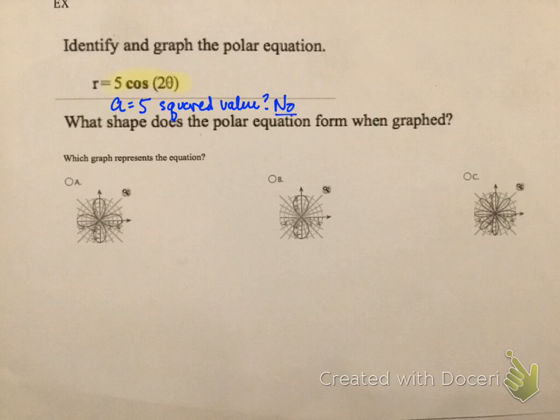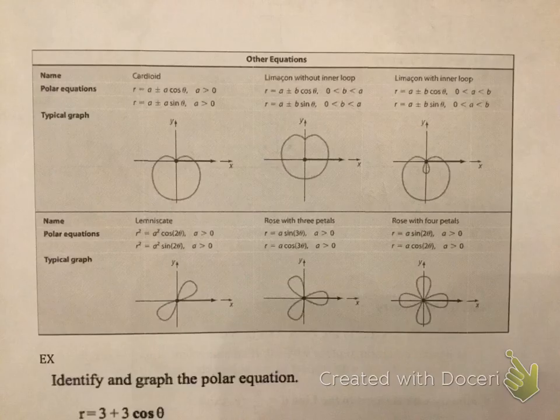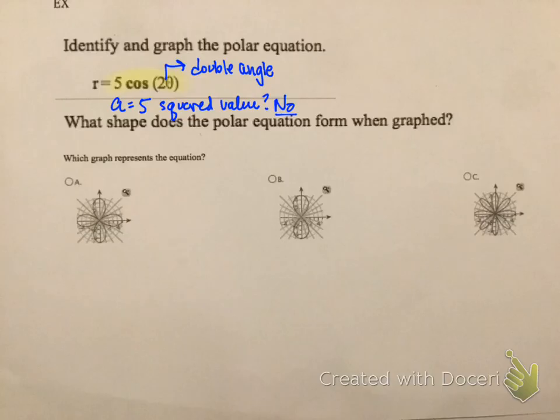So it's not a squared value, and we have a double angle. So if I look at my choices, and let's go back here, I do not have a squared value, and R is not squared, but I have a double angle. So it looks like I have a rose with 4 petals, okay? So I know that the graph is going to look like the one I just checkmarked.